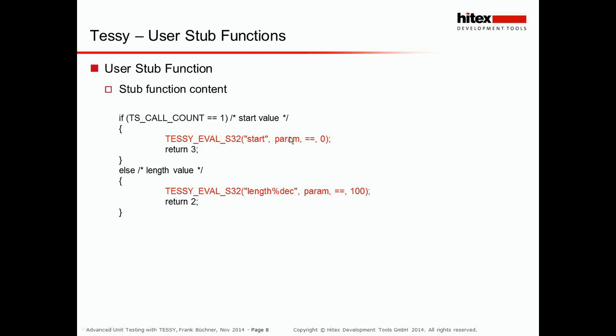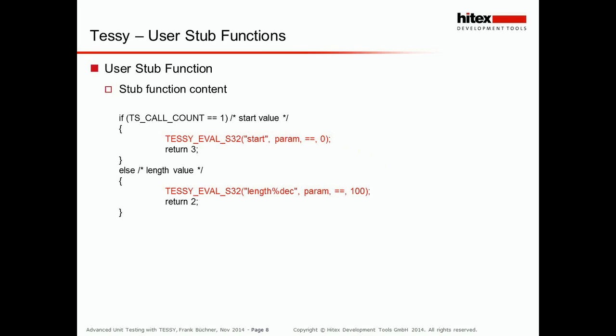The second parameter is a variable name. In our case, the parameter that is passed from the test object to the stub function. The parameter has the name param, and the third parameter to an evaluation macro is the evaluation mode.